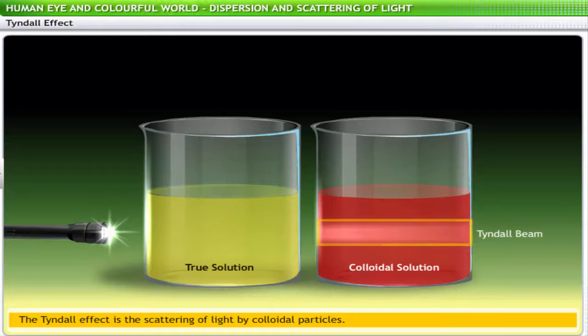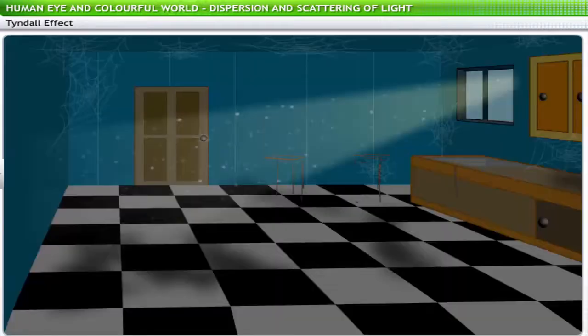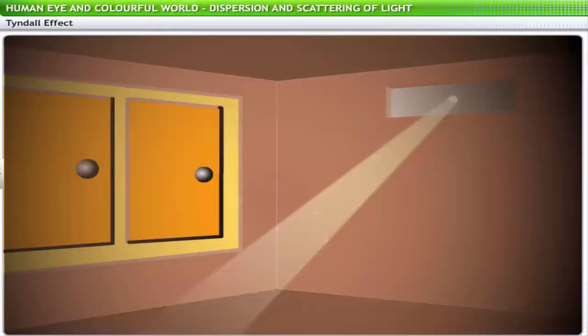Is it only in colloidal solutions that we see the Tyndall effect? No. You can observe the same even in air laden with dust particles, like in a dusty room. The Tyndall effect can also be observed when a fine beam of light enters a room through a small hole, such as an aperture in a ventilator.